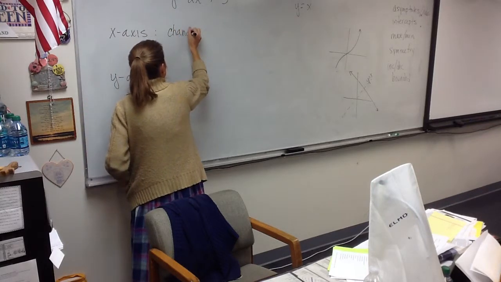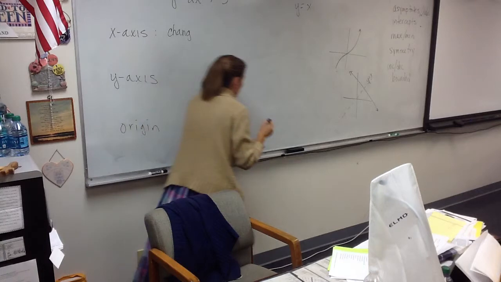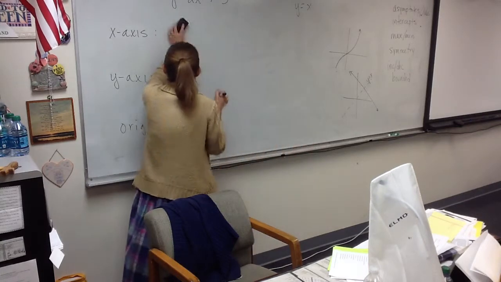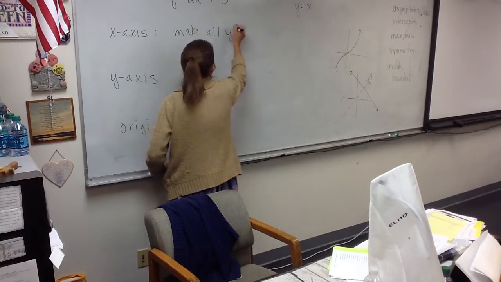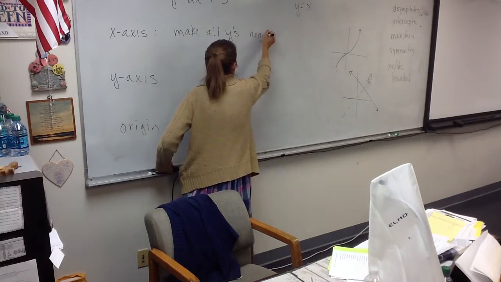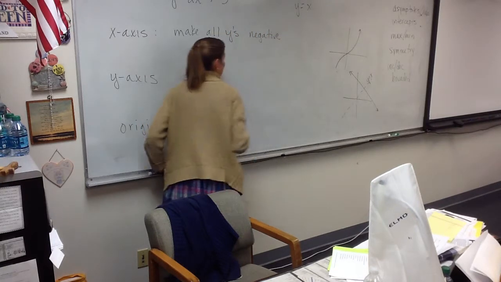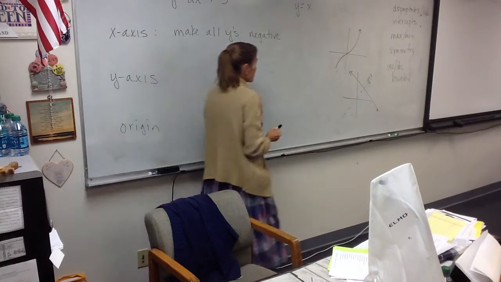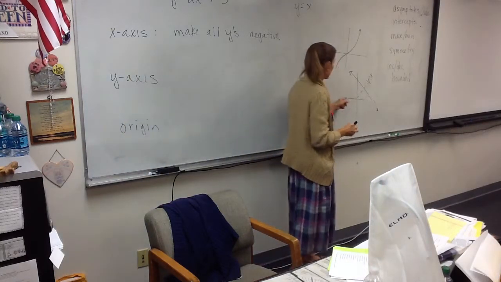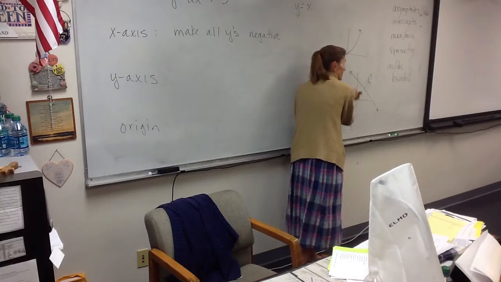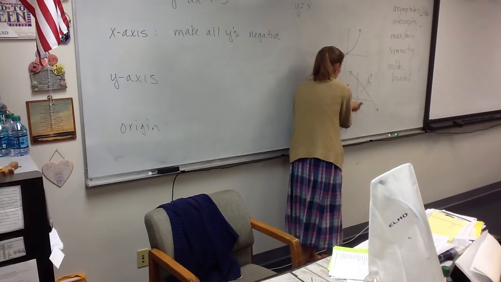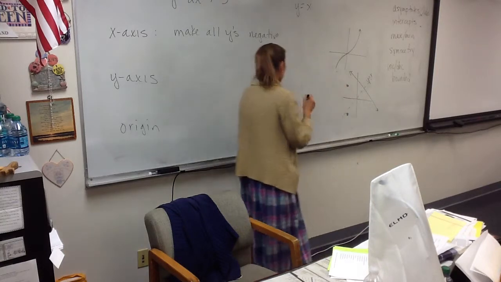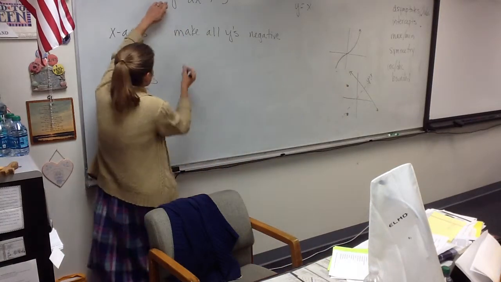Let's make all y's negative. Because if we are symmetric about the x-axis, that means we're going this way. So positive y is going to become a negative y when you fold it across. So here's what that looks like.